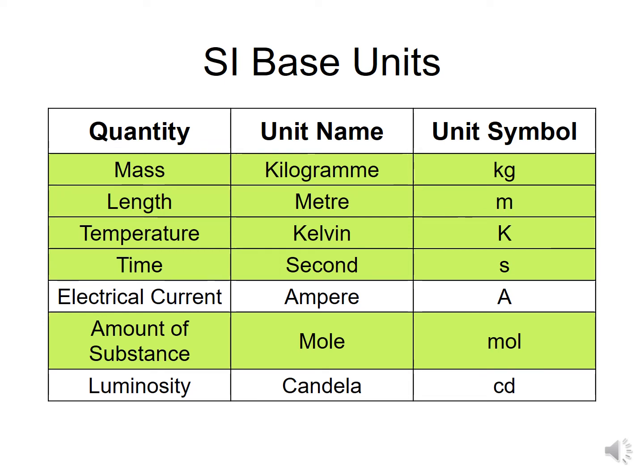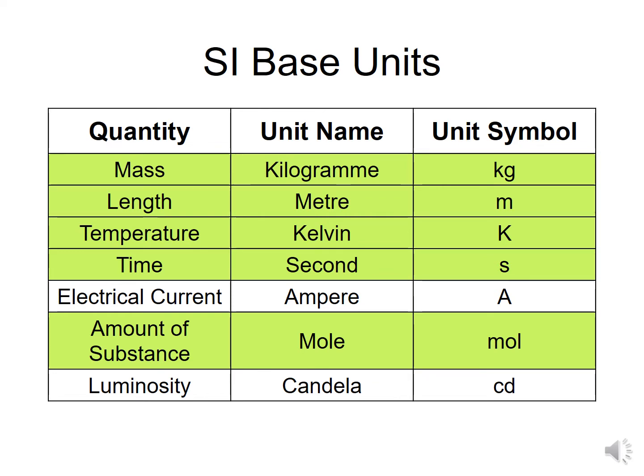So, what do we have to know of this table? Well, we have to know the fundamental quantities, the 5 that are shown on a green background, their respective base unit name and the respective symbol.